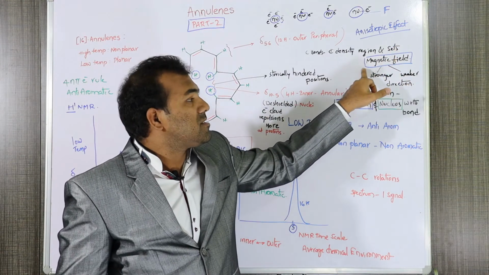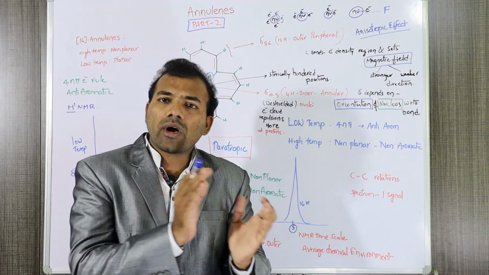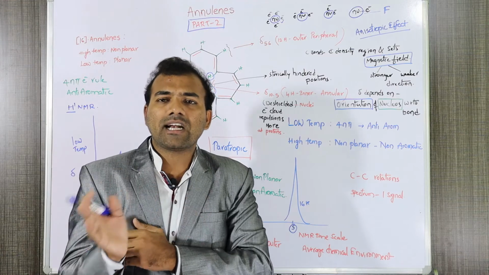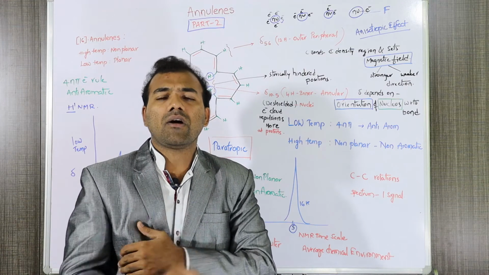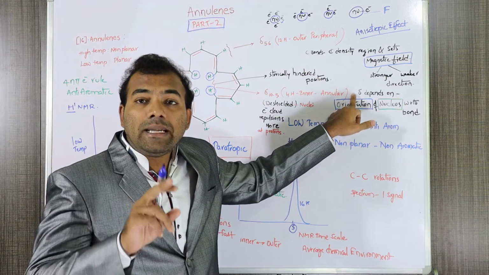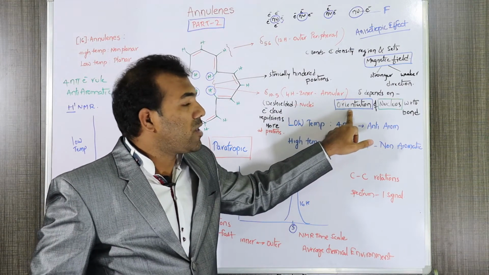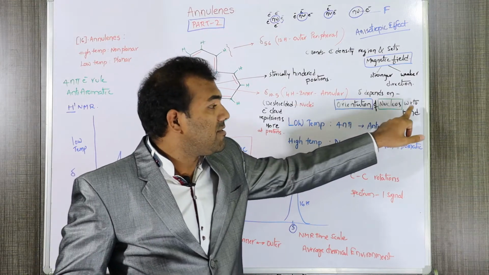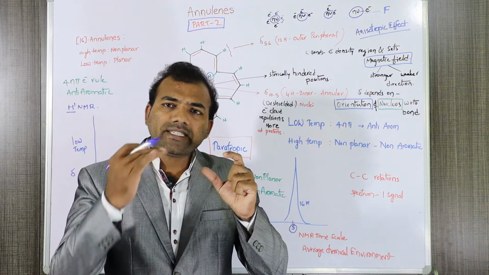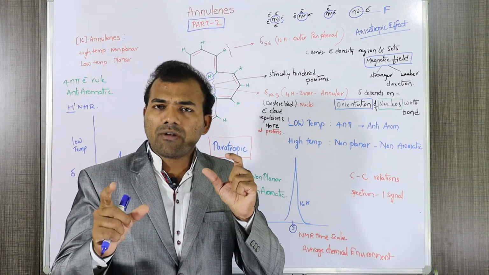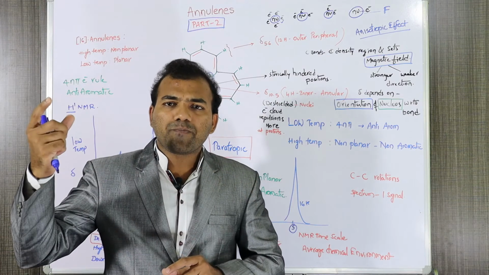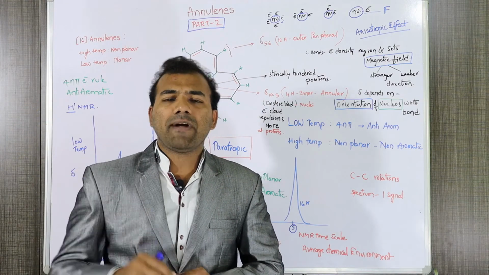Then this field will be stronger at one side and weaker at another side. So this kind of difference is called the anisotropic effect. Here the chemical shift values depend on the orientation of the nuclei with respect to the bond. If the orientation of the nuclei is inside the ring, it results in one magnetic field. If the nuclei is out of the ring, then it results in another kind of magnetic field.